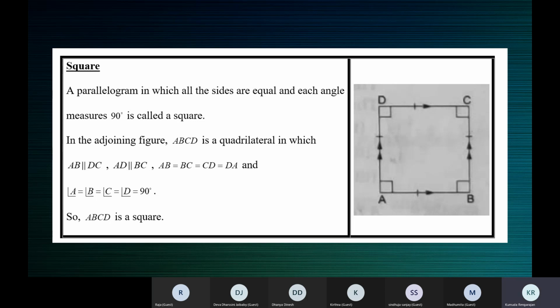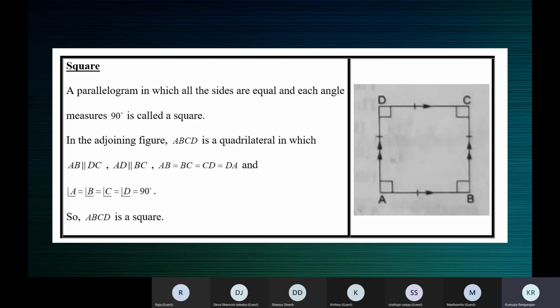We are talking about a square. The exclusive properties of a square. First one, diagonals are equal. Like in a rectangle, diagonals are equal in a square also. Second point, diagonals bisect each other at right angles.